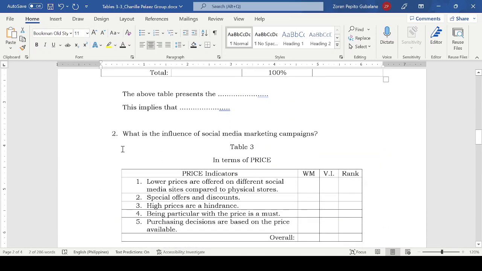So this area refers to the second problem statement stated in chapter 1. So, sabi dito, what is the influence of social media marketing campaigns to the buying behavior of the customers, for example? So we are referring now to table 3 as a continuous numbering of the table.